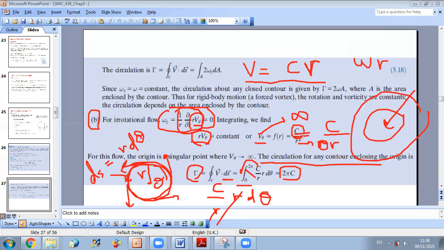So we have shown that in the first case the value of circulation depends on the area enclosed by the contour, while for irrotational flow, the value of circulation just depends on the constant of the velocity expression. This is how we can determine the circulation for these two types of flow.